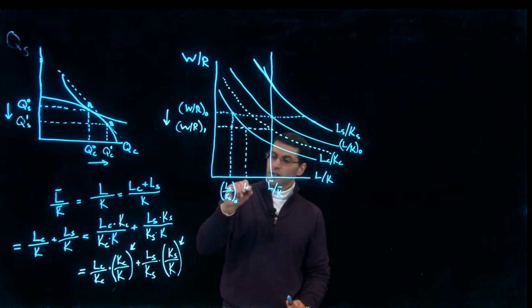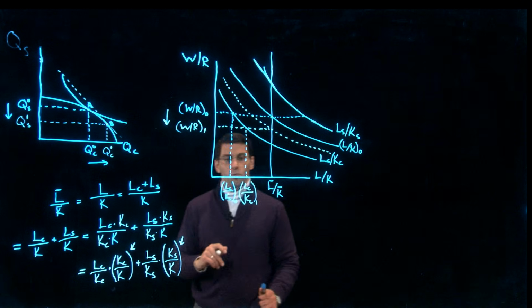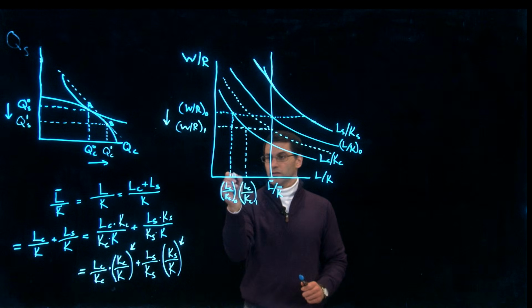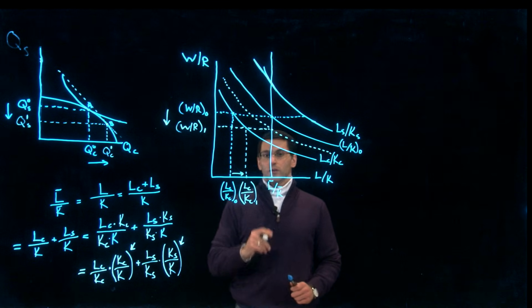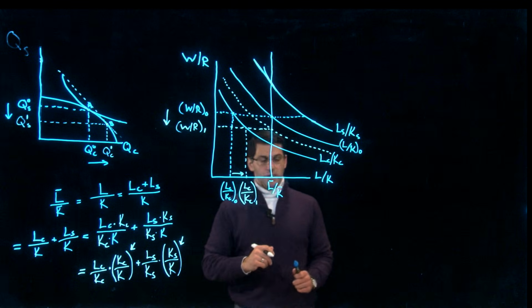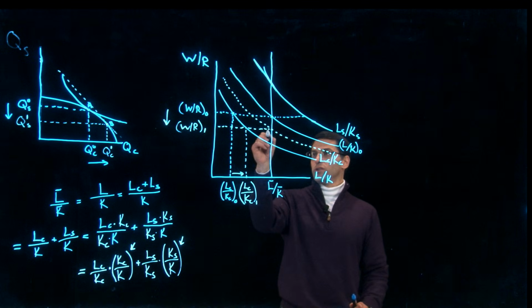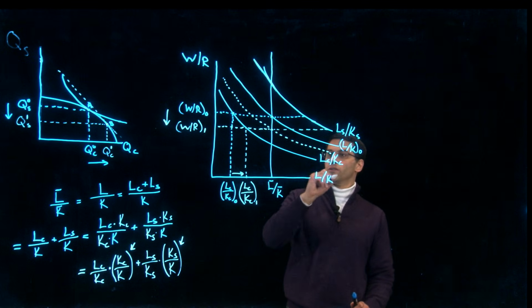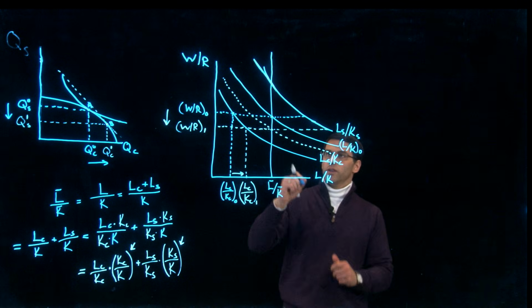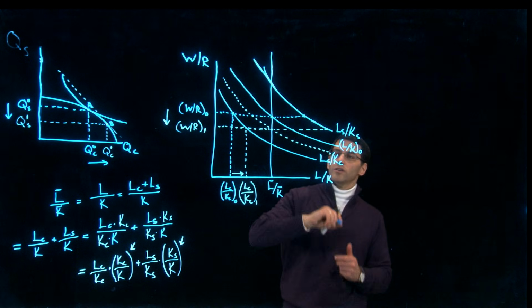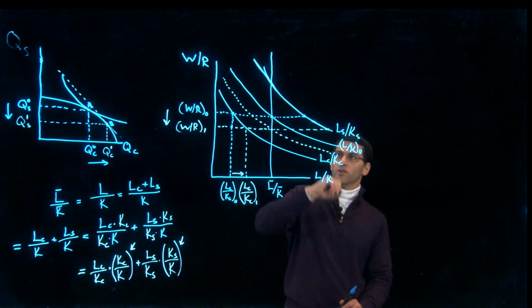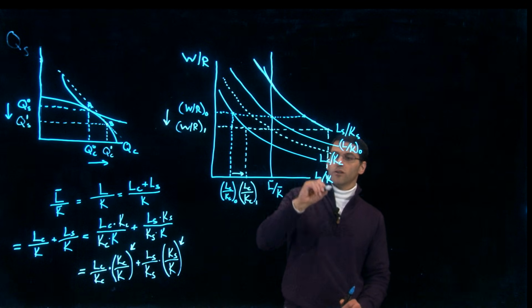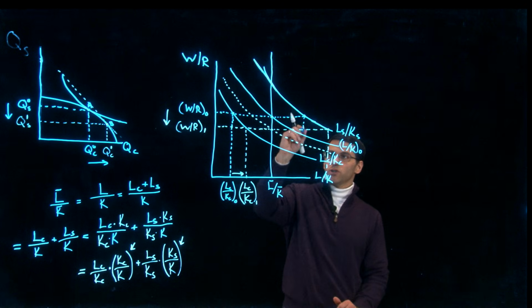The labor to capital ratio in the computer sector goes up from 0 to 1. We see that increase. Same thing, we can see the same thing for the shoe sector. They're going to go from here down to here. So they're also going to increase their labor to capital ratio.